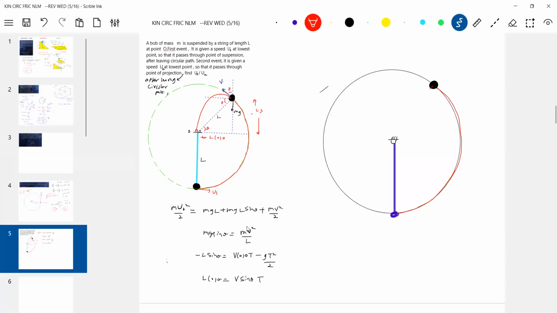So the trajectory should be like this. Again, the same set of projectile conditions is what we are going to apply. Here, when it's leaving the circular path, it will have velocity v like this.